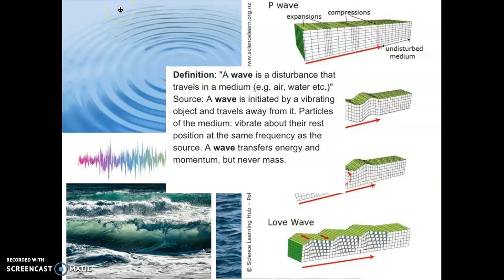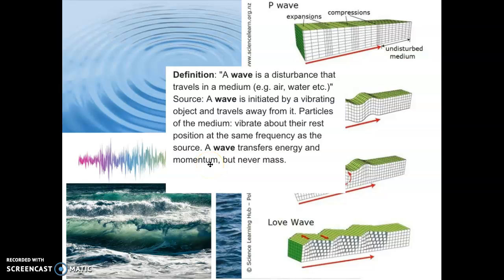There are two concepts in a wave to think about. One is the particles in the medium, so the actual individual particles of the water. And then there's the wave itself. Now, what actually is a wave? A wave is a transfer of energy and momentum.